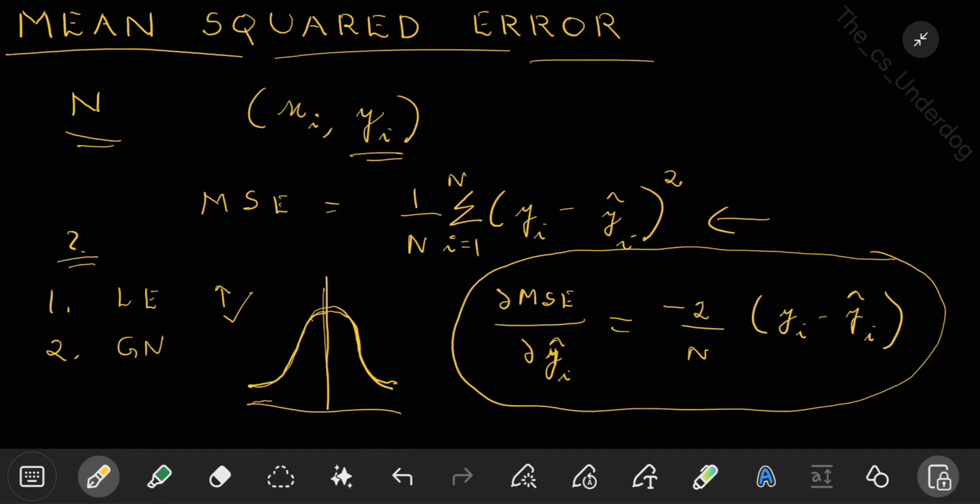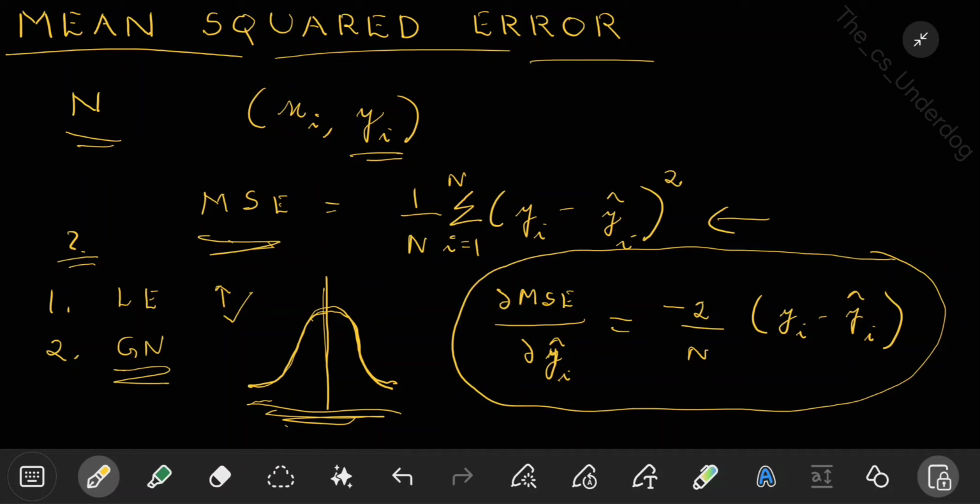So whenever it is Gaussian noise, or you can say errors are normally distributed, in this case you generally use mean squared error. Why is this done? Because regression with MSE can be seen as MLE, the maximum likelihood estimation under Gaussian noise. That is what we'll see in the coming lectures.